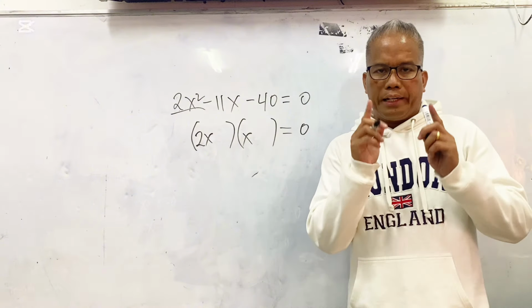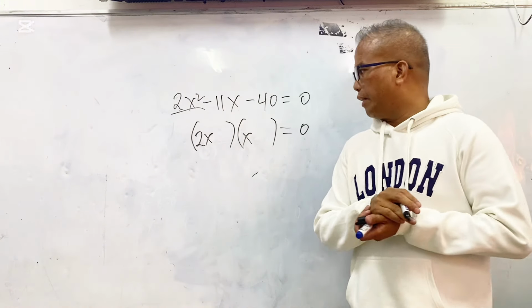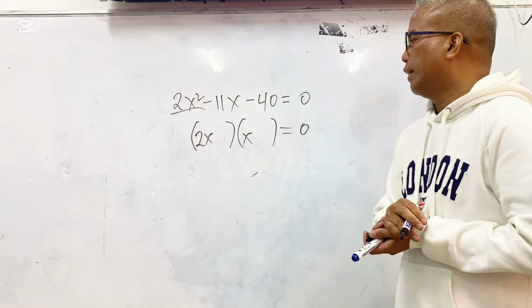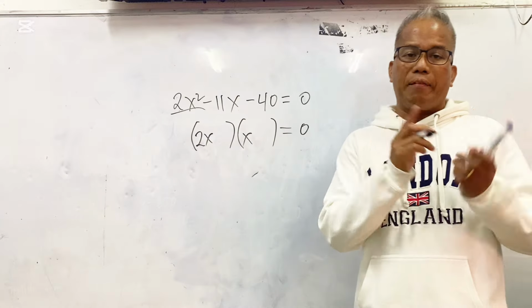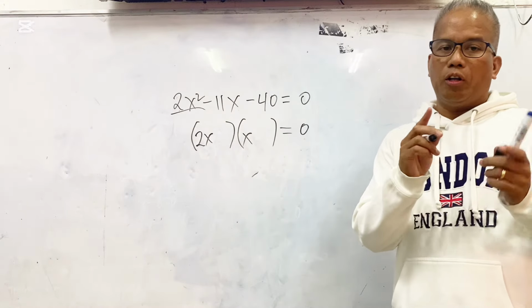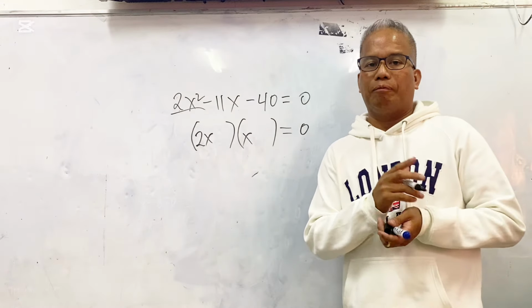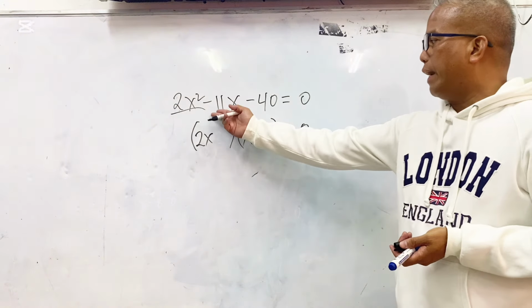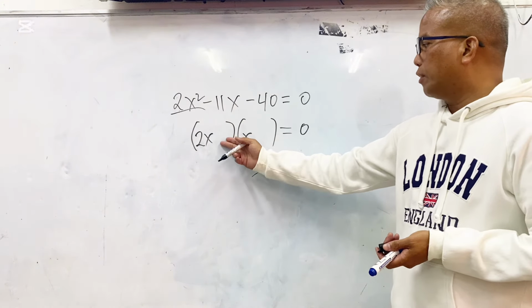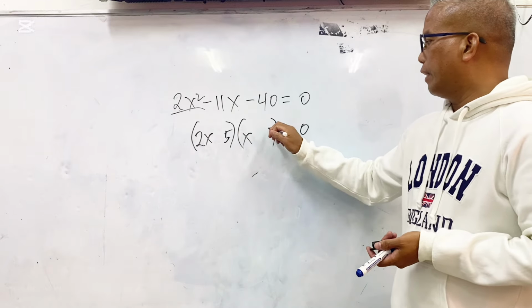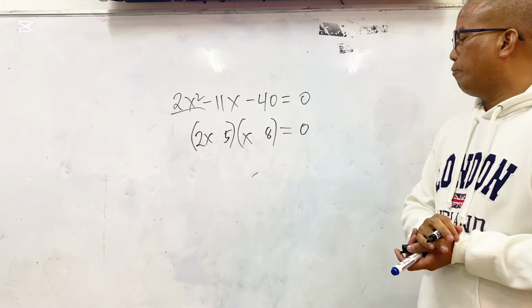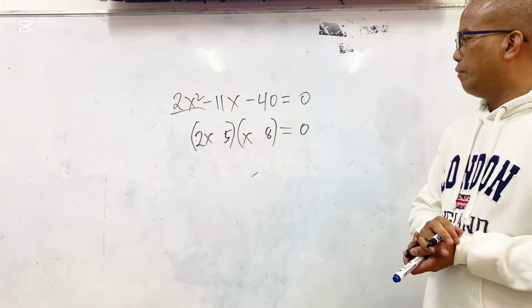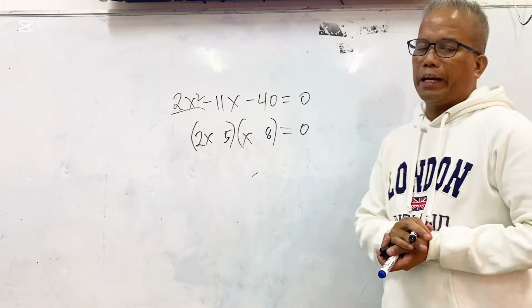Then identify also the factors of the last term. We have -40, so we can write either 5 times 8, but be careful in writing the factors. Since the middle term is -11x, if we put the 5 here, then here is the 8. Let's check if we will get the middle term equal to -11.